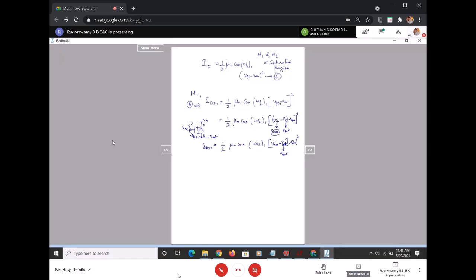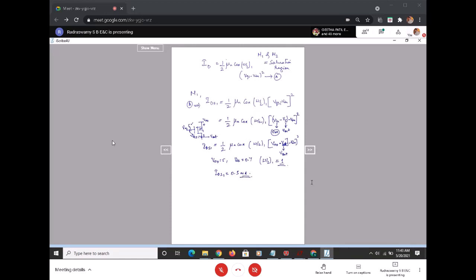In this case, we know that VDD is 5. VTH we will take as 0.7. And the W by L ratio we will keep as 1 for NMOS. We will consider IDS1 to be somewhere around 0.5 milliamperes.